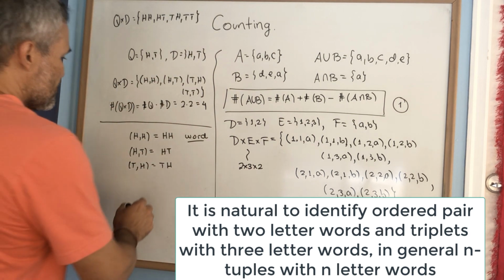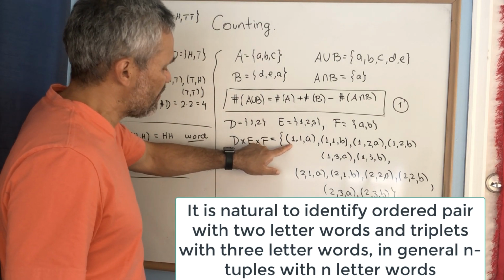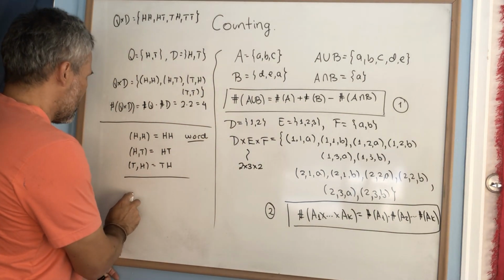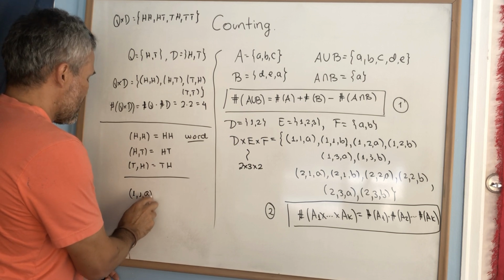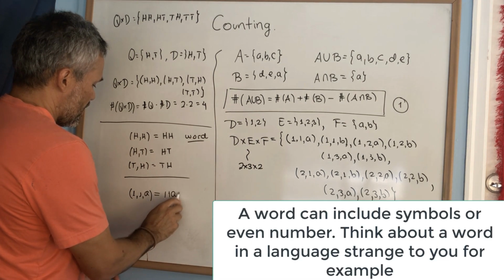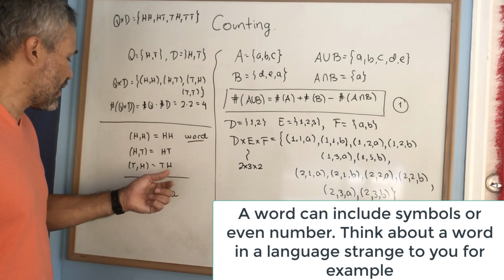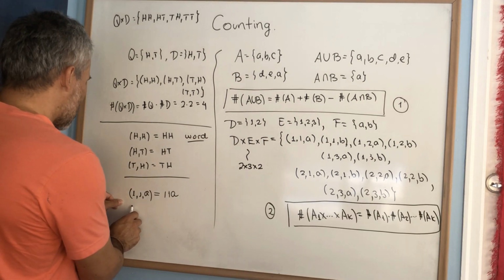The same thing happens when we have a triplet. For example, for a triplet, we're going to have (1,1,A), and we're going to identify this with 11A. We can think of this like a license plate. And notice that it is different from a set.